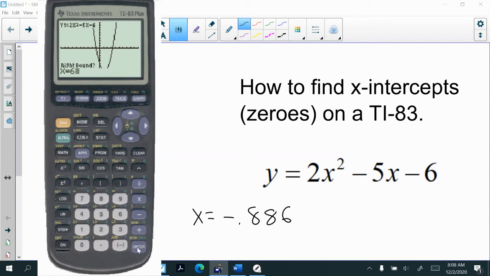Really doesn't matter, as I'm going to the left and to the right of what I'm trying to shoot for. And there you go. So I'm now going to say that x equals 3.386.